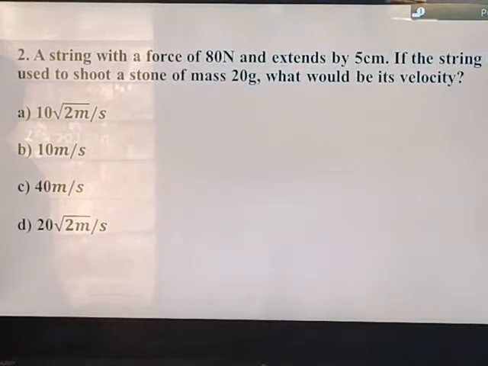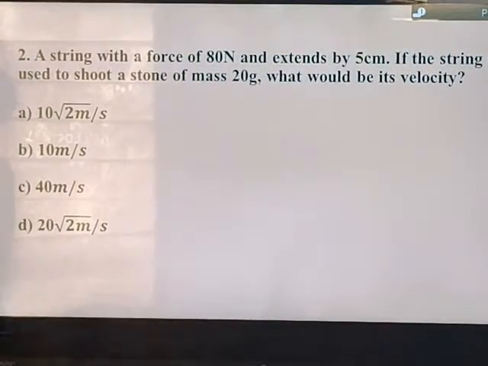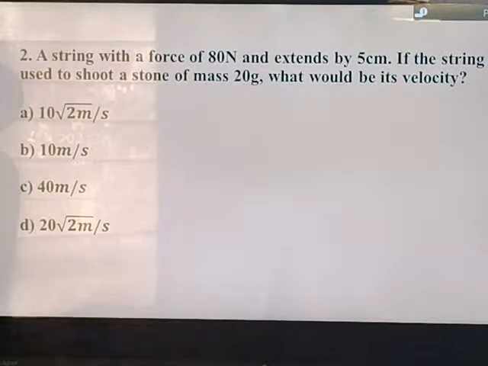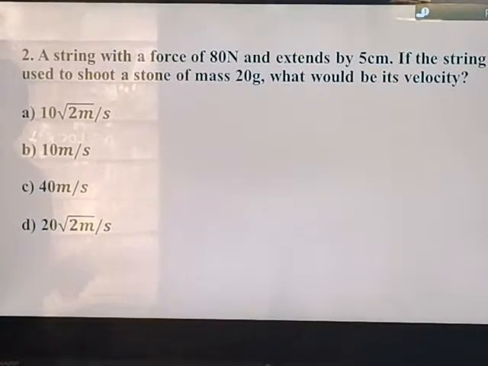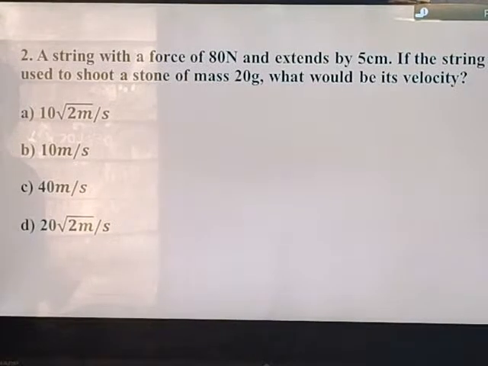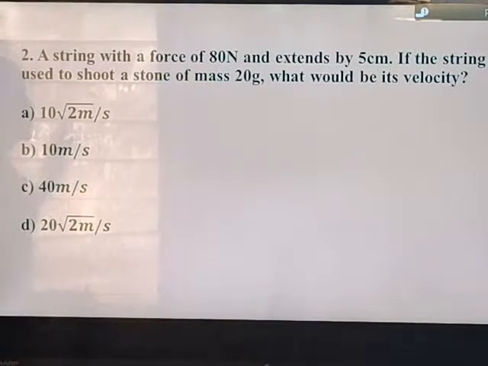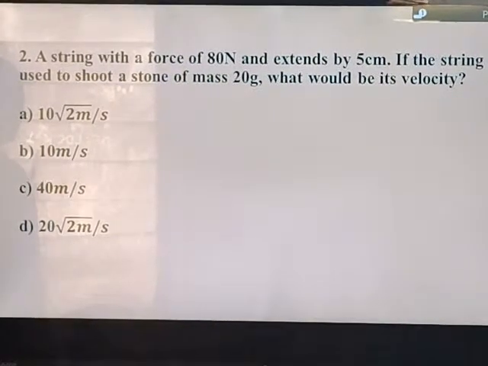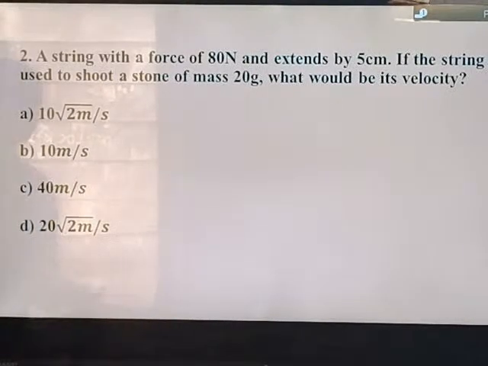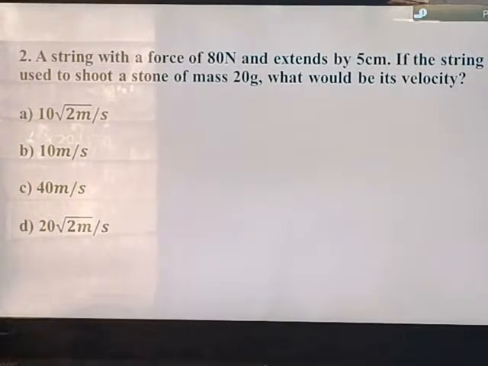The second question says a string is acted upon by a force of 80 Newton. So that's the force: force is equal to 80 Newton. That brought about an extension of 5 centimeters.